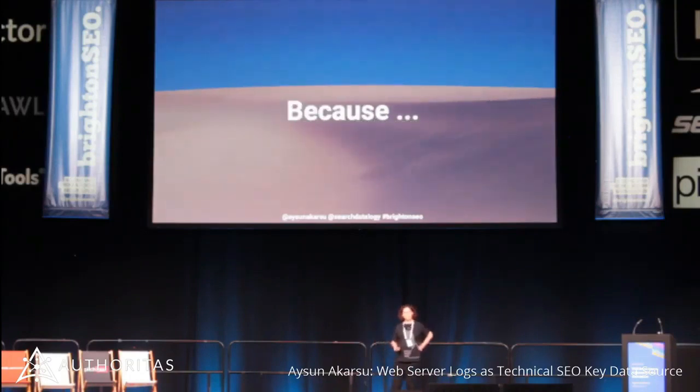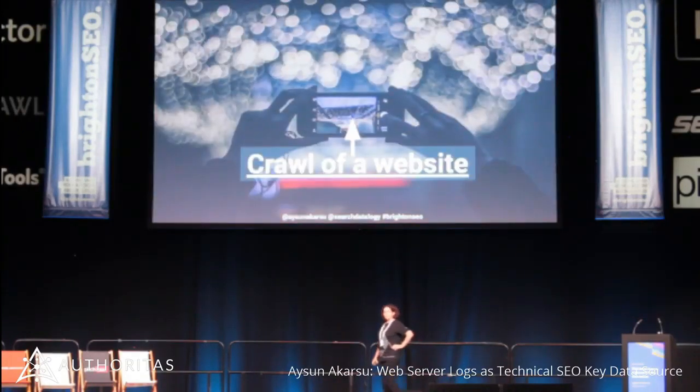And the reason is, a crawl of a website is like a photo we take at a moment in life. It cannot tell us much about the past of the website and not much about the future. We can only have an idea about the present life of the website.